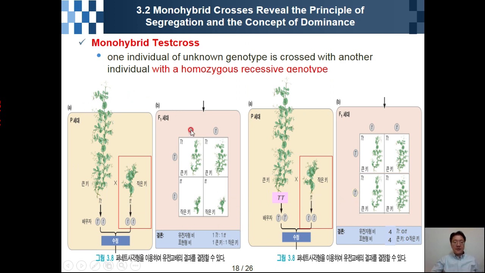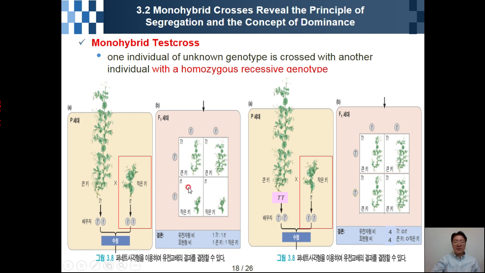In these cases, this is the Punnett square in the F1 generation. This is large T, small t, small t, small t. So this square will be large T, small t, and the phenotype will be tall. This square will also be large T, small t, and the phenotype will be tall.